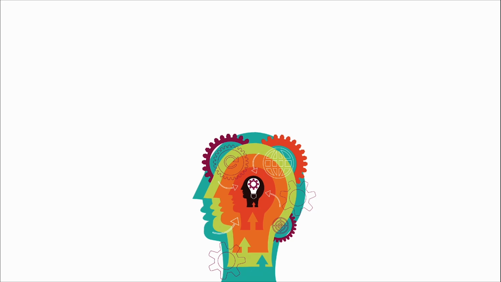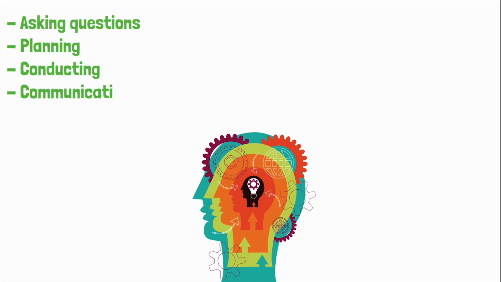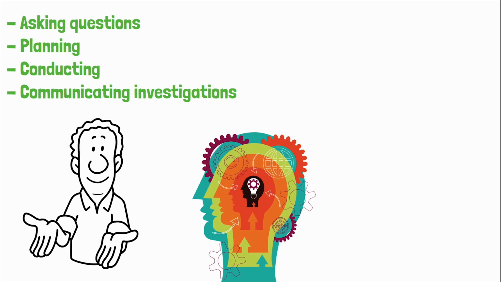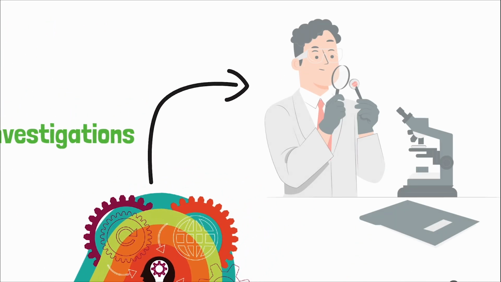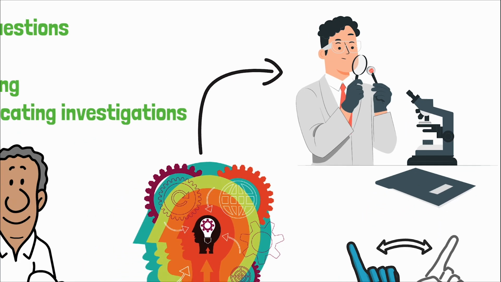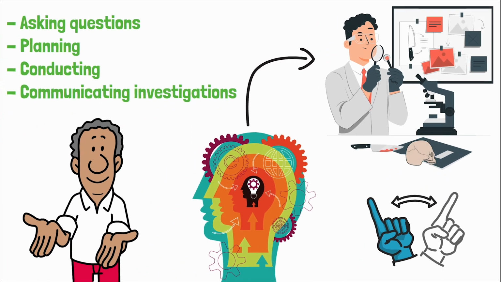Scientific inquiry requires a variety of abilities, including asking questions, planning, conducting and communicating about investigations, and developing data-based, evidence-based explanations. However, using the scientific method is not necessarily a required ability for doing scientific inquiry, as it refers more broadly to the practices and skills involved in scientific investigation.